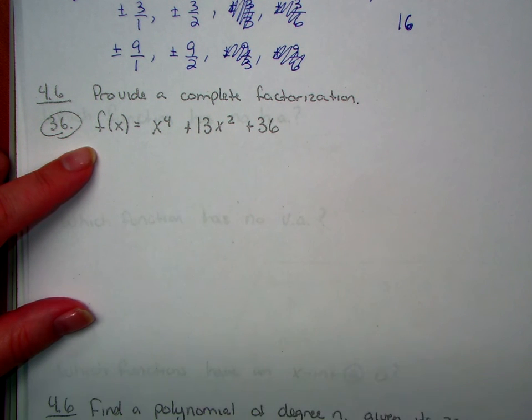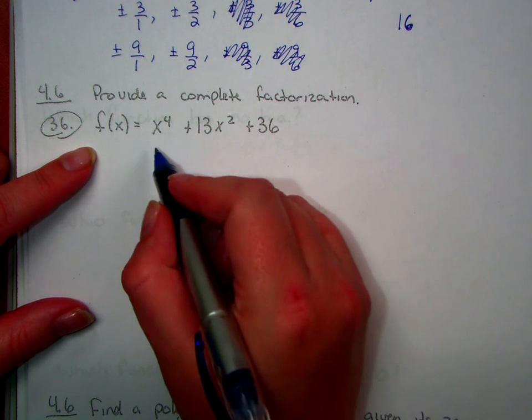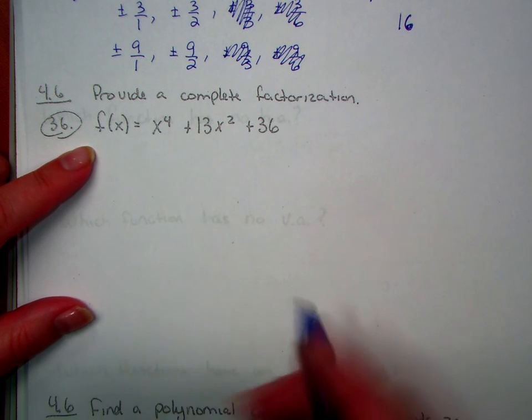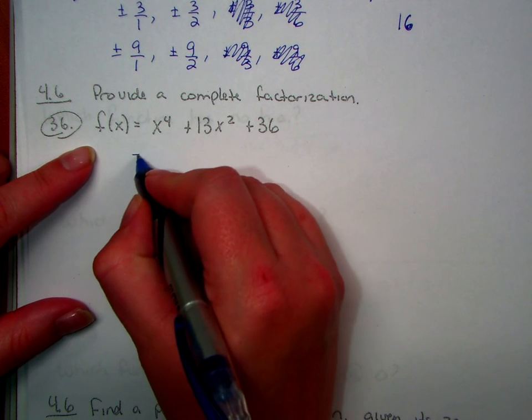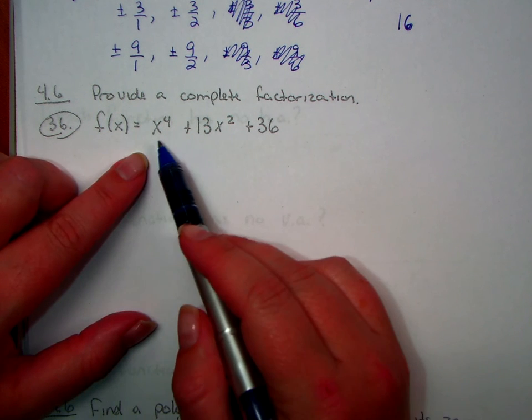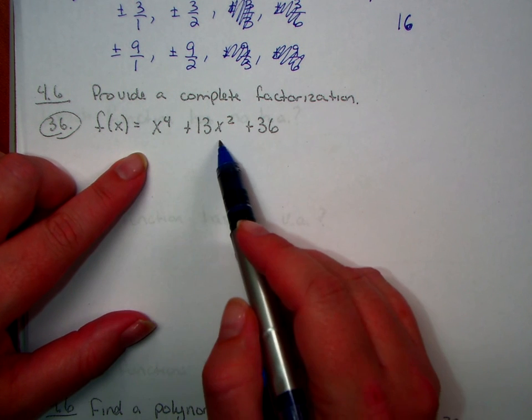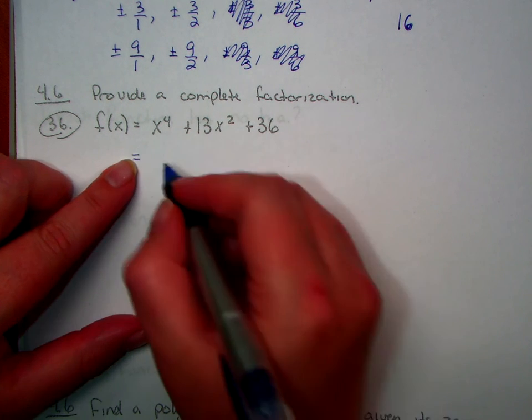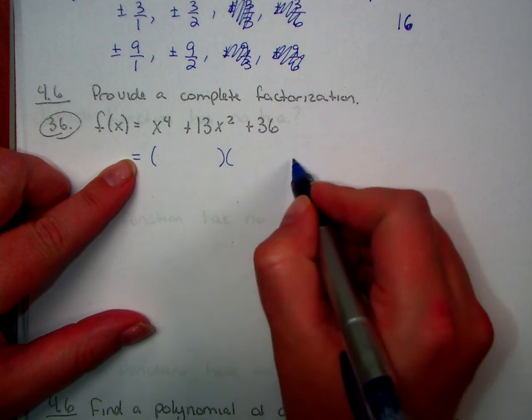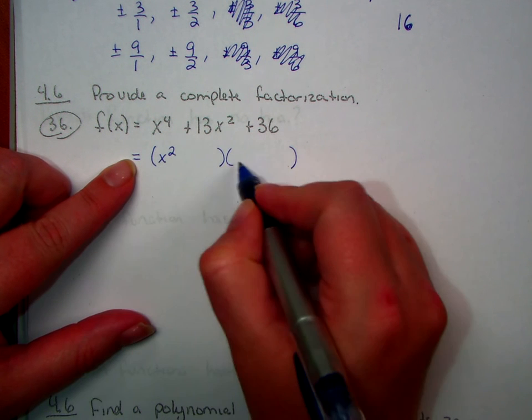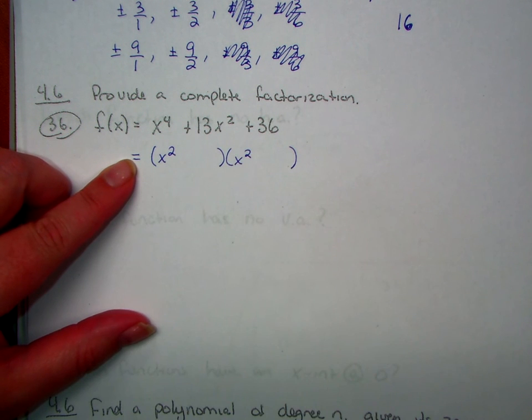This one here in particular has 4 complex zeros, right? So I'm just going to factor it for you real quick, okay? It goes from x to the 4th to x squared to nothing. And so I know it's going to factor here x squared and x squared, right?